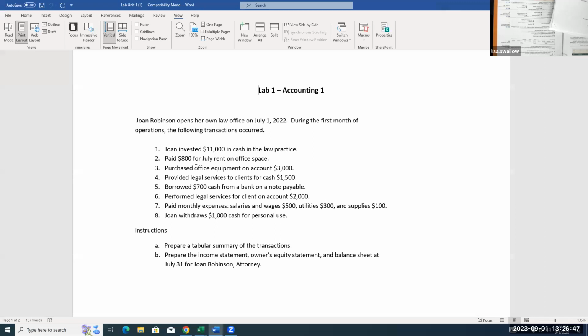Did it impact any liabilities? Do I owe anybody money? No. Was it an investment or a withdrawal? No. It was an expense. But now here's the insane part. What do expenses do to equity?